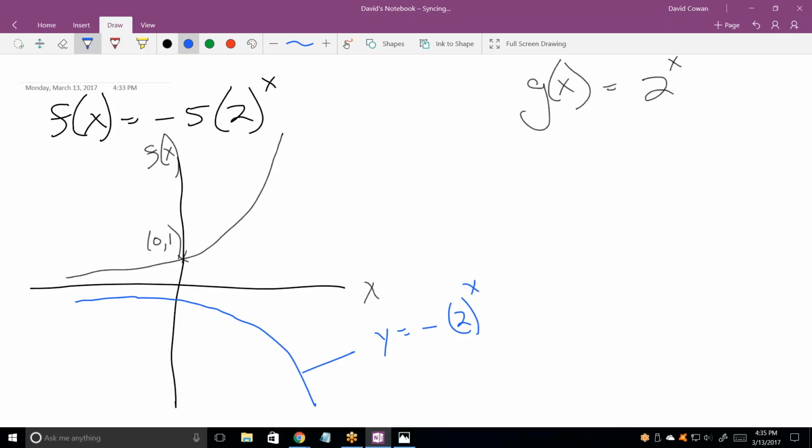If you think about it, what it means is that every point that's on the blue curve is going to be 5 times further away from the x-axis. So if I take a point right here, 5 times further away would be there.